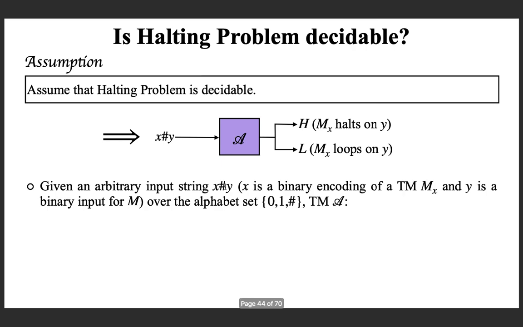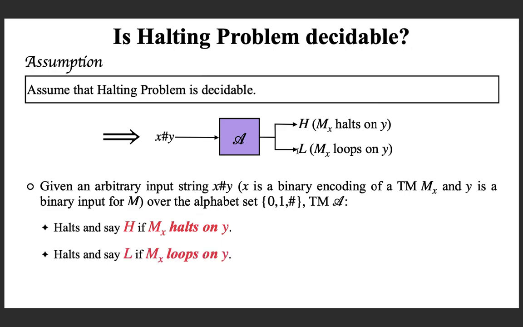And what will A do? A will halt and output H if MX halts on Y, and it will halt and output L if MX loops on Y. So that is what A is supposed to do.